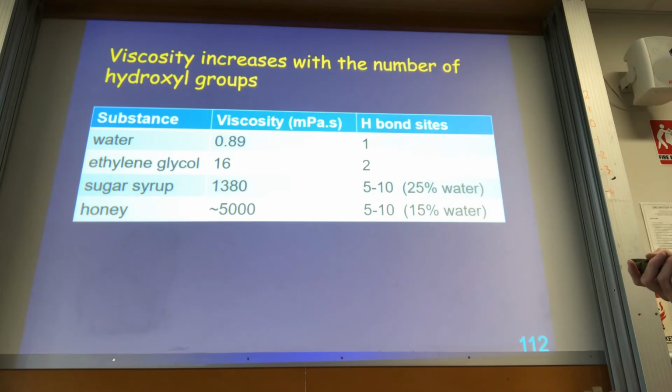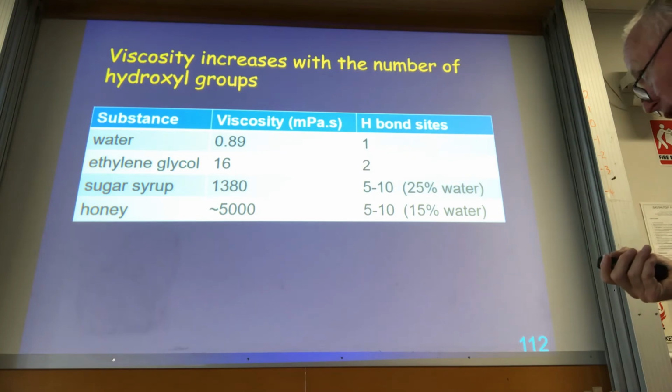It also increases with the number of interacting functional groups. So number of hydroxyl groups is an interesting one. Water has got 1 hydroxyl group, so moderately low viscosity.